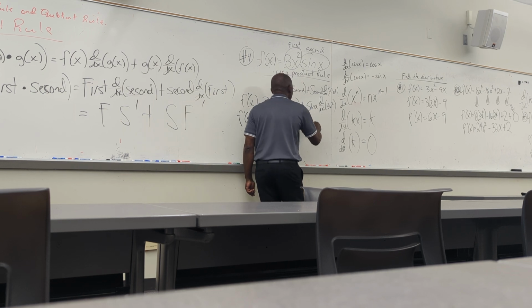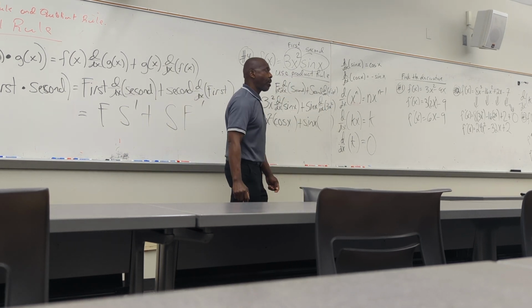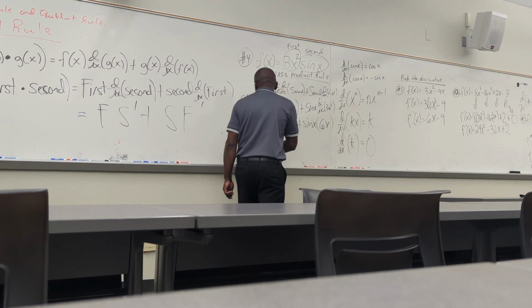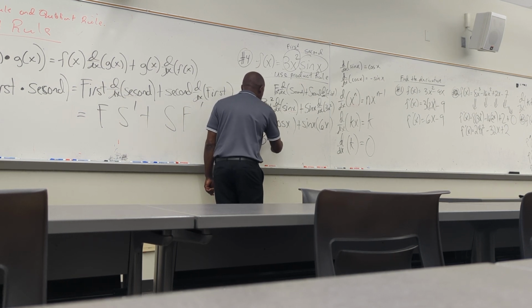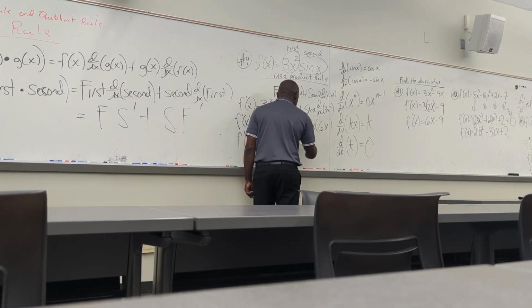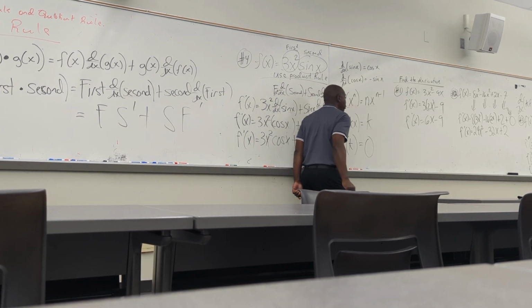And then plus sin x, what's the derivative of 3x squared? 6x. So now we get f prime of x is 3x squared cosine x plus 6x sine x.